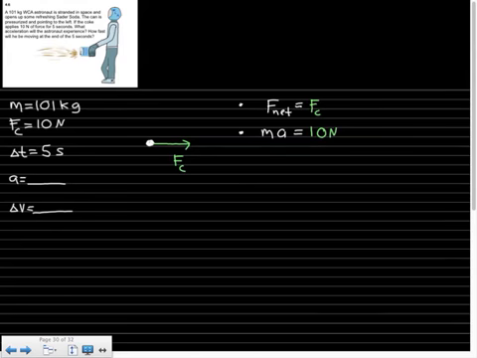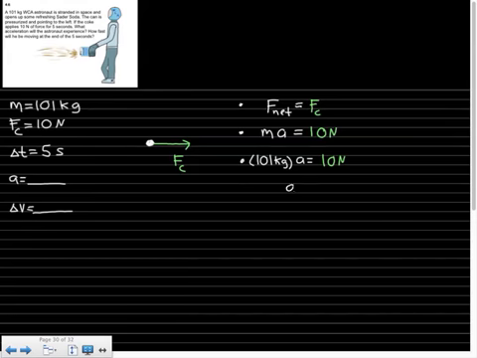Now we can plug in what we know. The mass of the guy is 101 kilograms. Make sure you have your units. The acceleration is unknown, and that's going to equal 10 newtons.